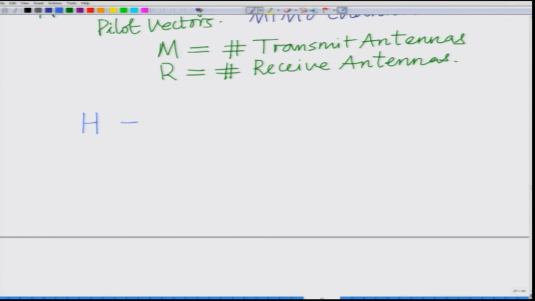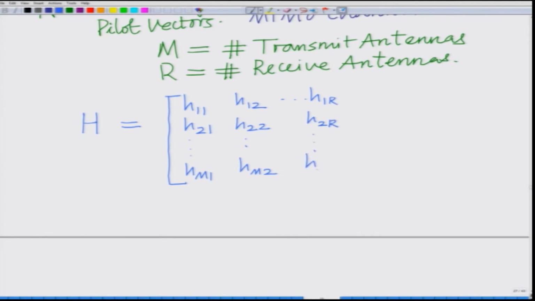We have H, which is your m cross r matrix. We have already seen this: H11, H21, and so on up to HM1, then H12, H22, HM2, up to H1R, H2R, HMR.